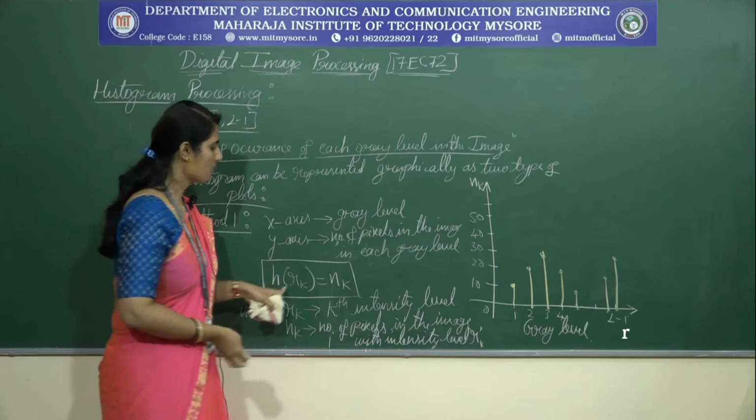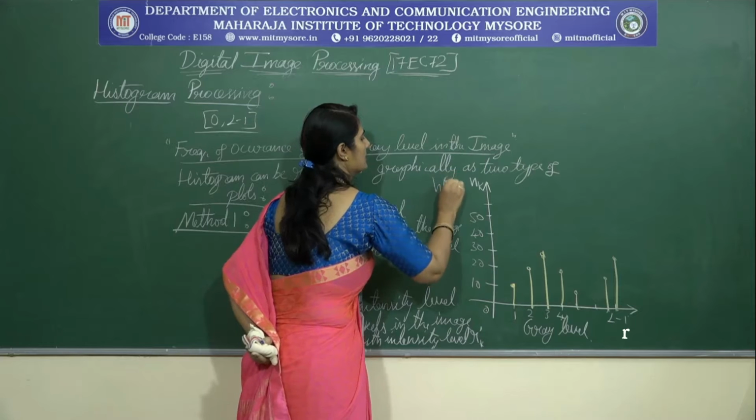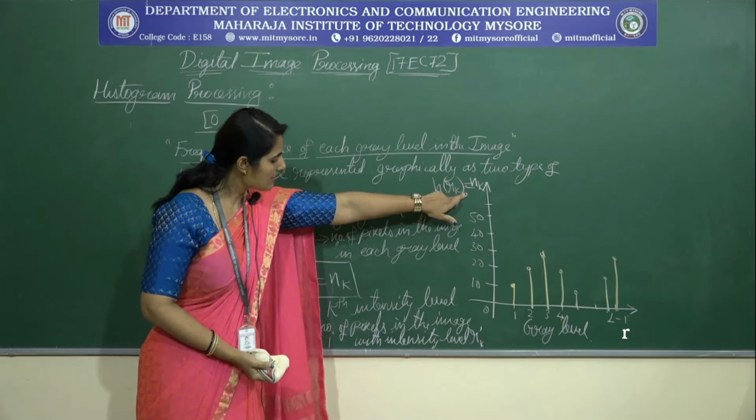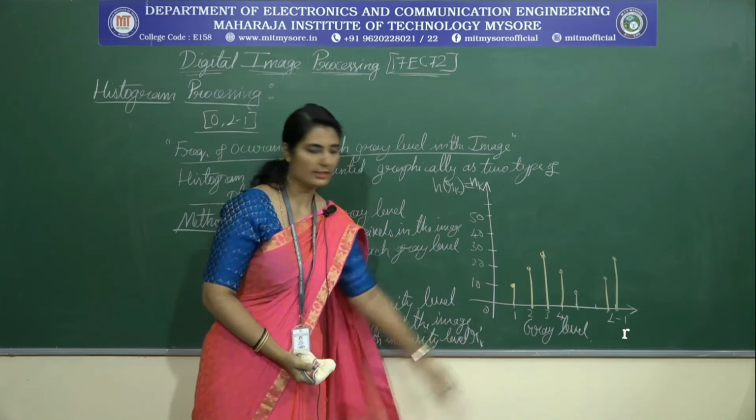So h of Rk is nothing but the number of pixels in the image with the intensity level Rk.